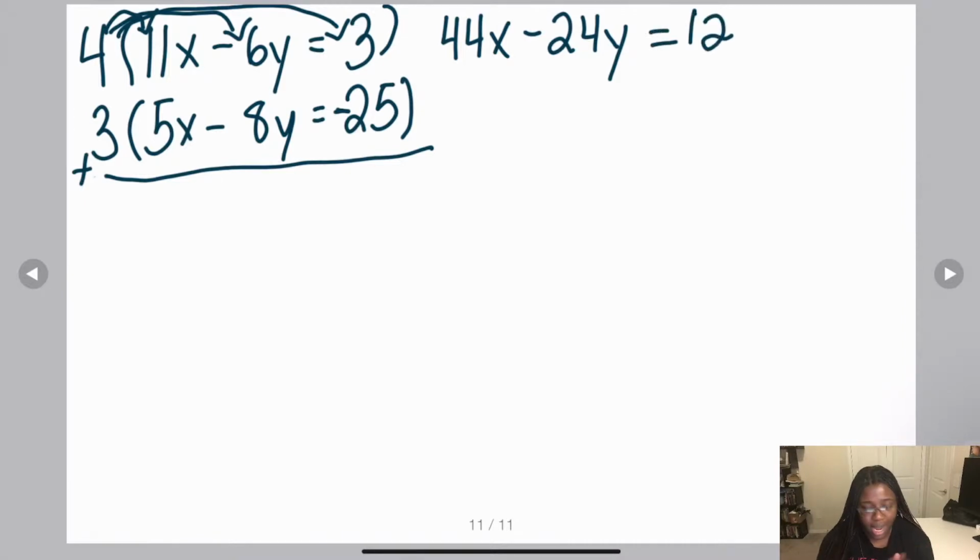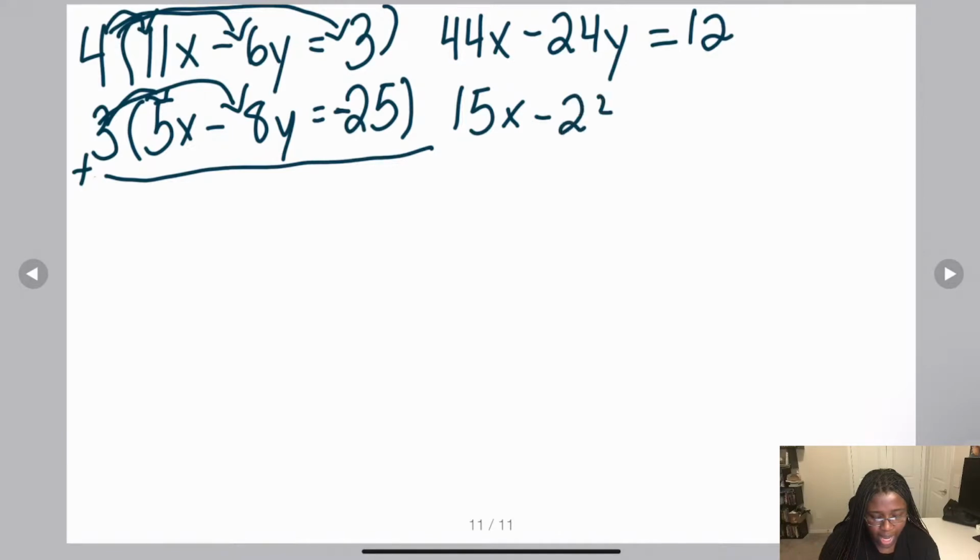Great, we got the top done. Now let's do the bottom equation. 3 times 5x will give us 15x. And 3 times negative 8y will give us negative 24y. And 3 times negative 25 will give us negative 75.